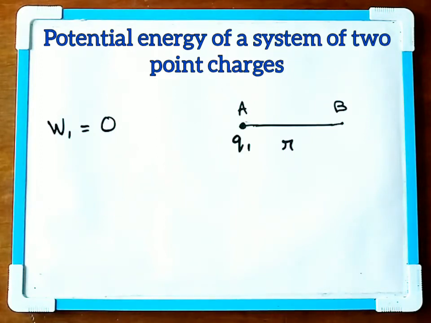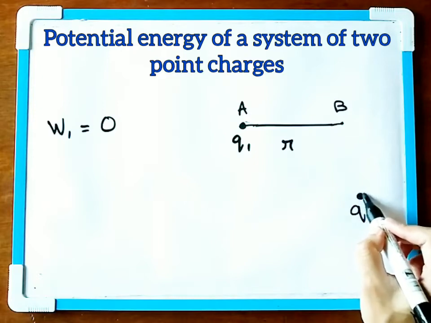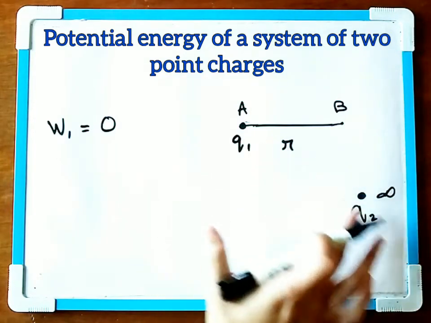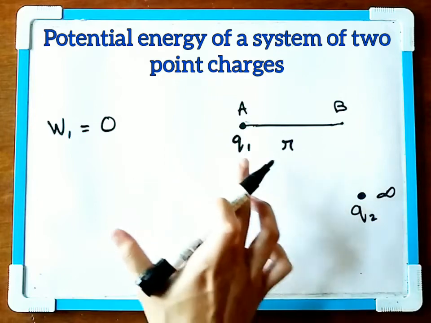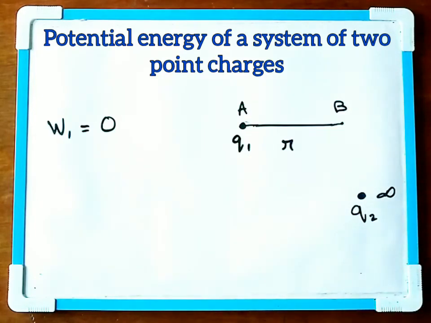Then we have another charge Q2, and if we bring this charge Q2 from infinity to this point B, there is an electrostatic force between Q1 and Q2. So work has to be done against that electrostatic force.